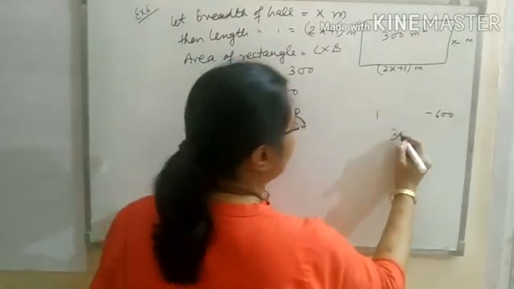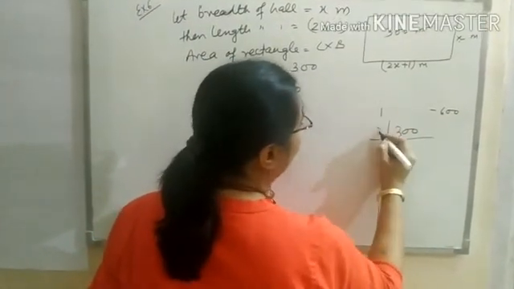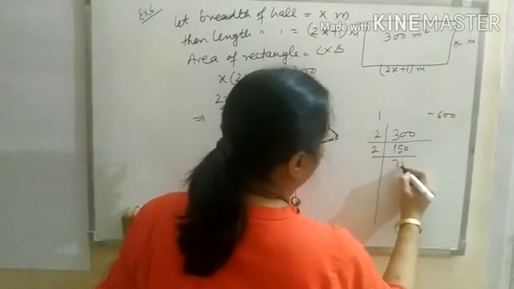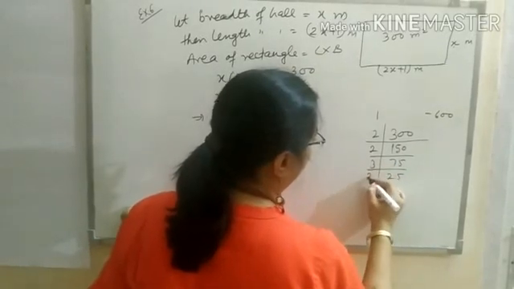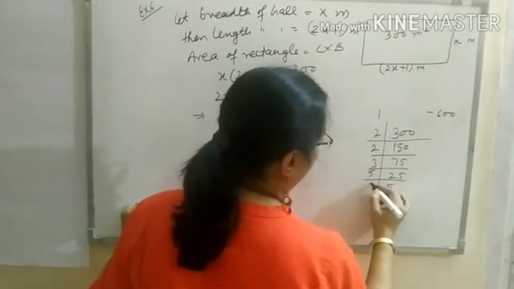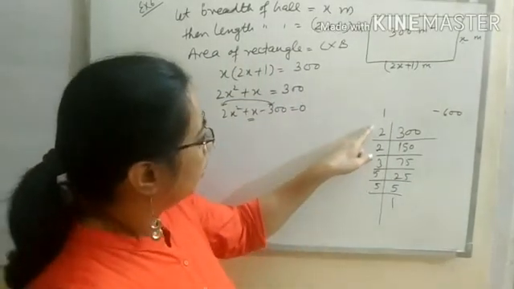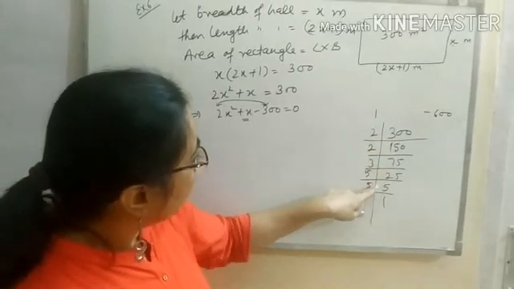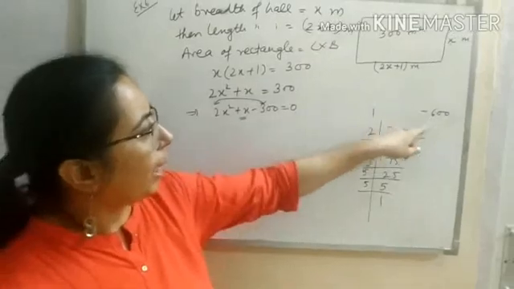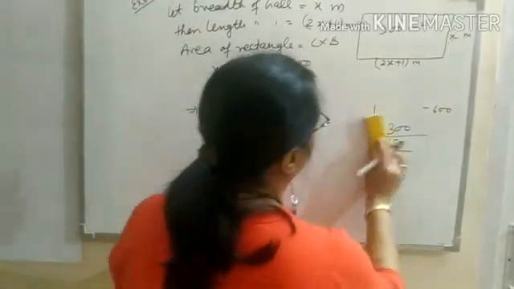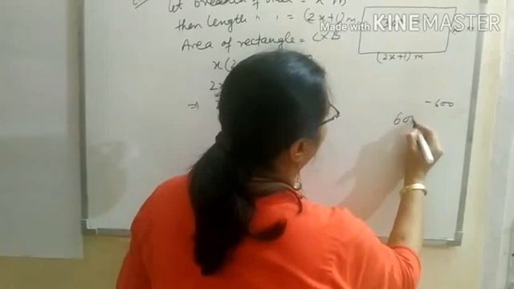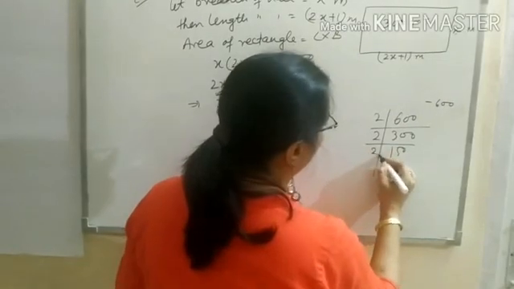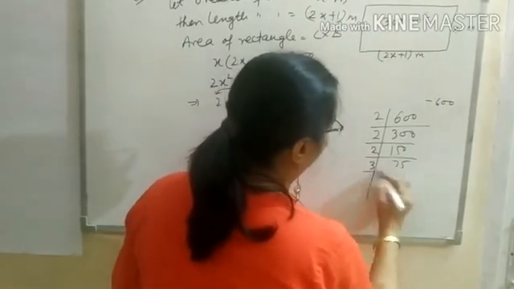Now you can make the factors by taking the prime factors. By arranging these prime factors, you will make the arrangements. Now we have to take the factors of 600, not 300. 600 again, 2, 300, 2, and then you will arrange it to make the factors.